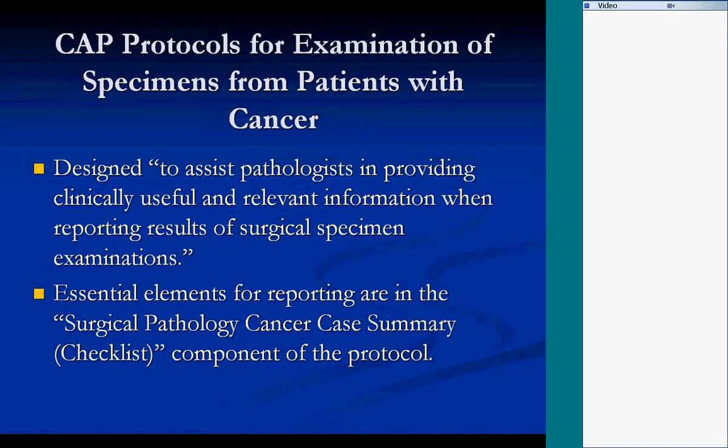And the essential elements are included in publications and on the web in the surgical pathology case summary or checklist. So when we refer to checklists, we'll be talking about these case summaries that are embedded within the protocols.